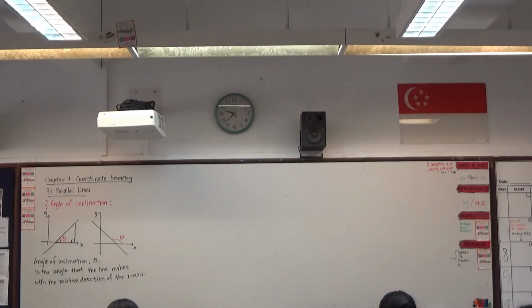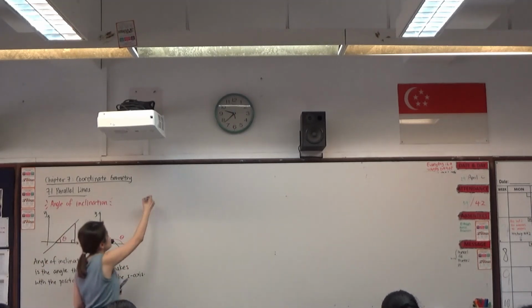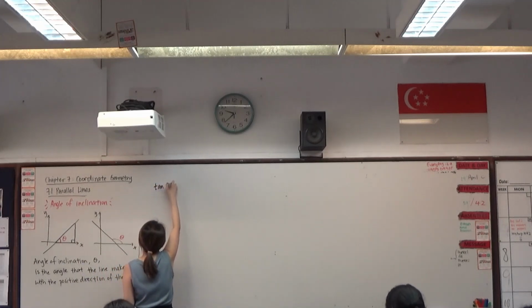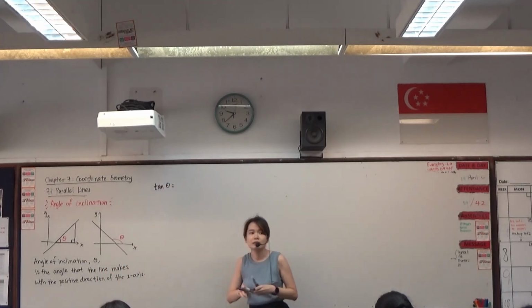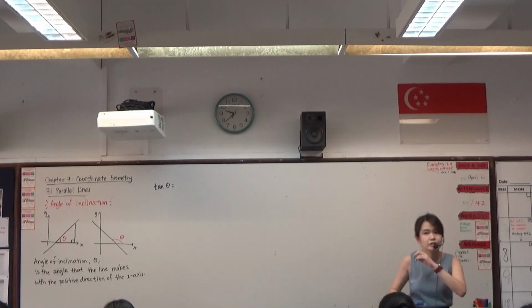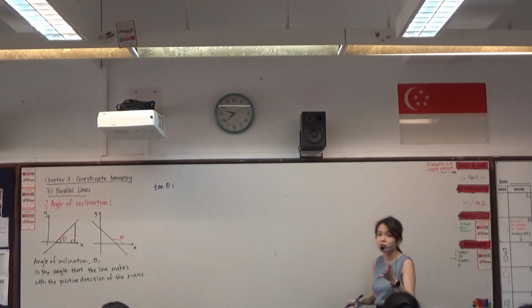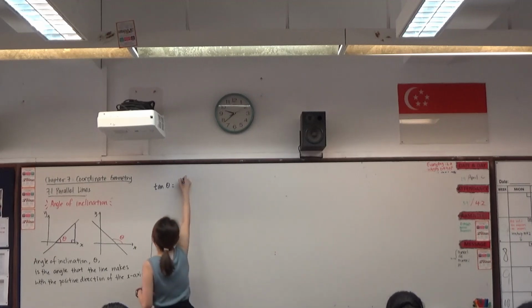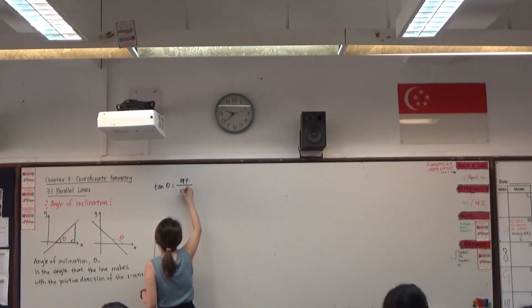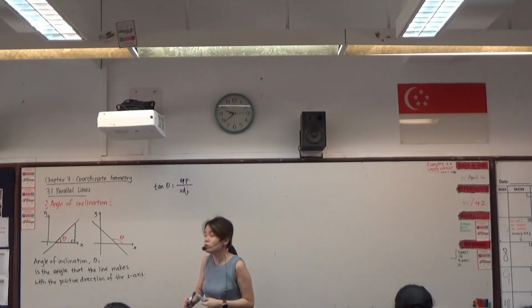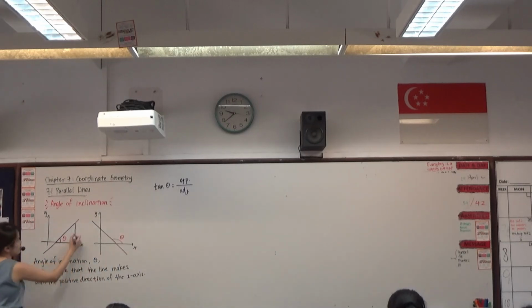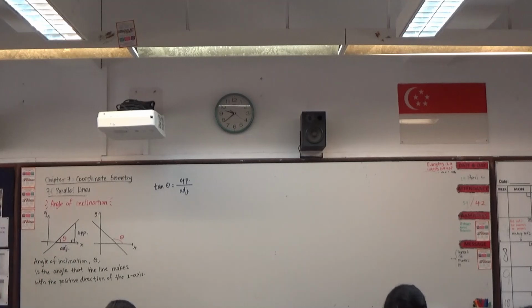What did we learn about tangent theta in Sec 2? Opposite over adjacent, right? So what is the opposite? In this triangle, opposite refers to here, and adjacent refers to here.